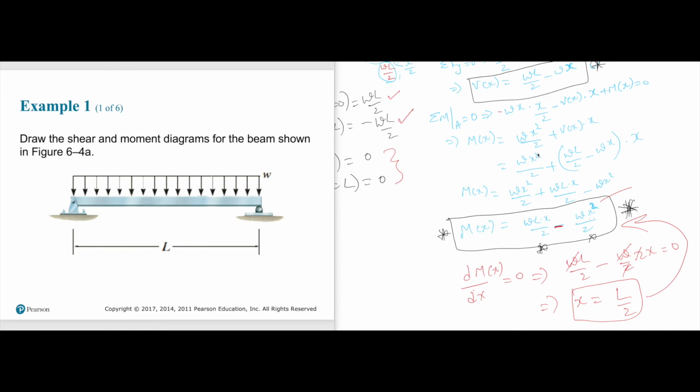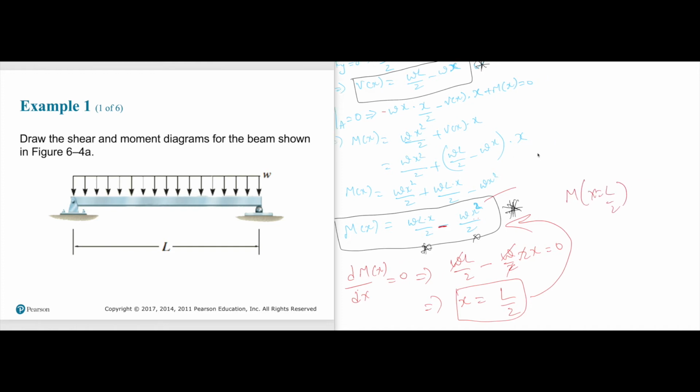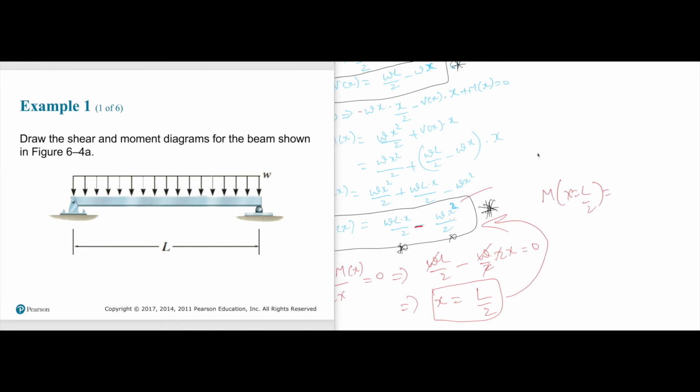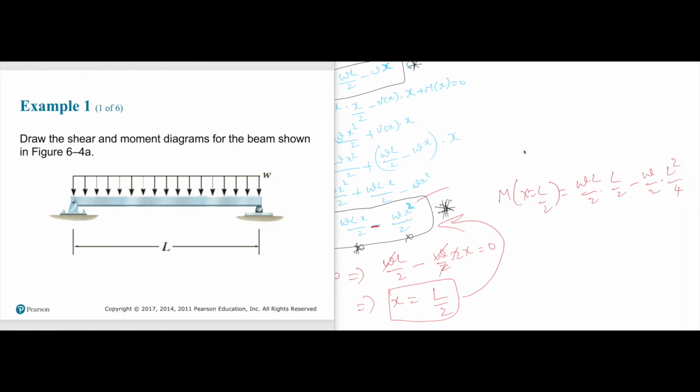What do you get? What we get is, moment at x equal to L over 2 is WL over 2 times L over 2 minus W over 2 times L square over 4, when you plug in L over 2 into that equation.